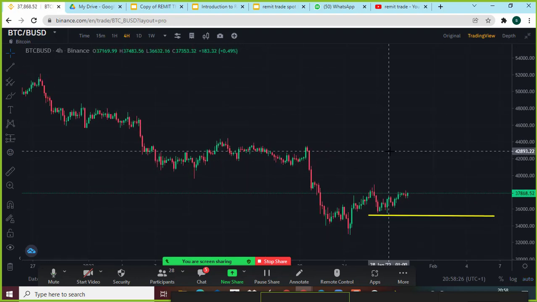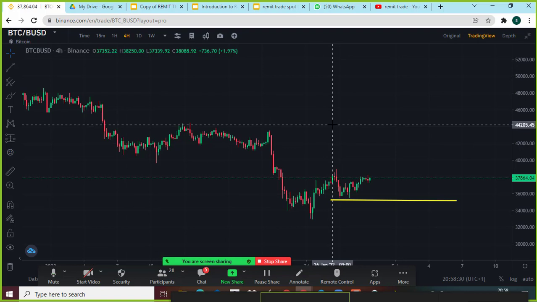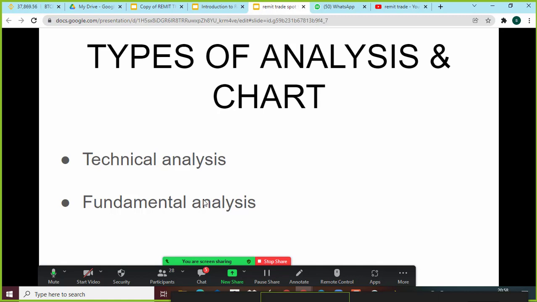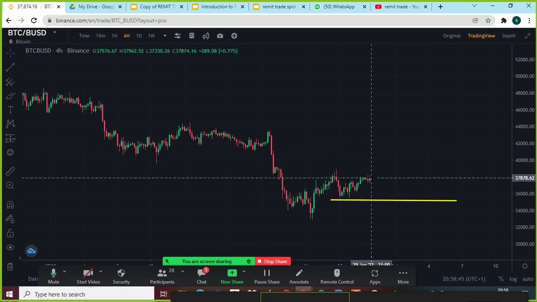Anything you do that does not demand you looking at charts for you to predict market price or market direction is called fundamental analysis. So when you do any of this, you are looking for a way to know the right time to buy so that the market will move up in your favor and you sell at a higher price and collect profits.